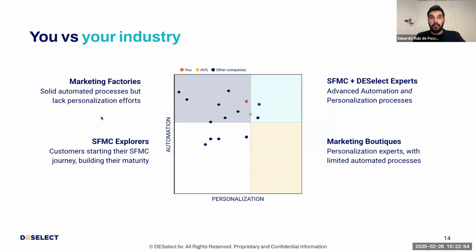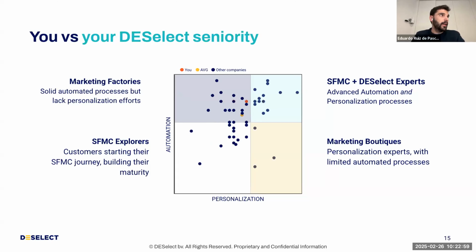The next group of customers we compare you with are other customers with the same seniority. So here you can see it's DESelect specific. Normally, as I've said before, customers try to address the same problems, and most of the time in the same order, right, when they onboard in DESelect. So if you've been using the solution for 3 years, you're at a stage solving some use cases that maybe on year one you didn't think of.